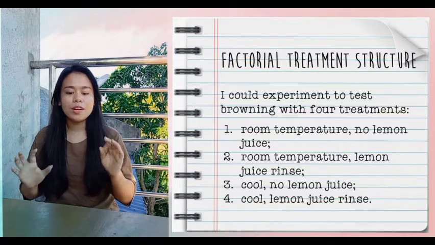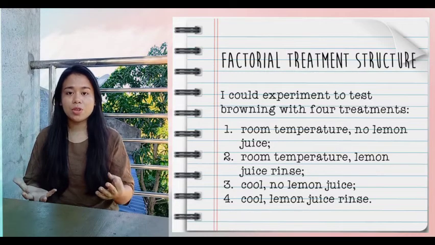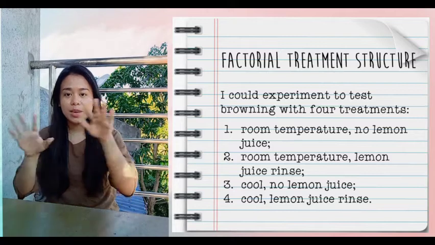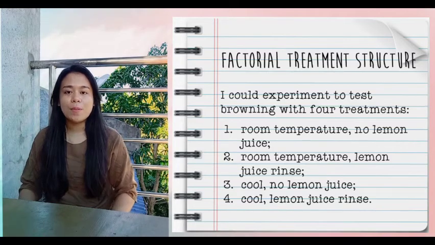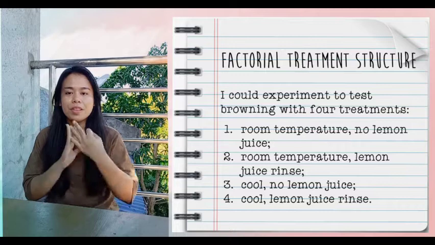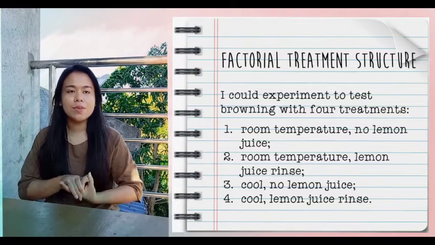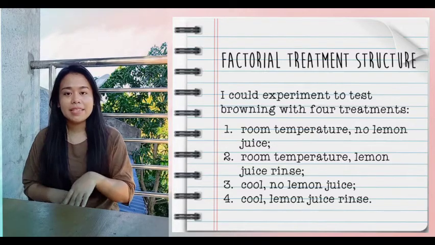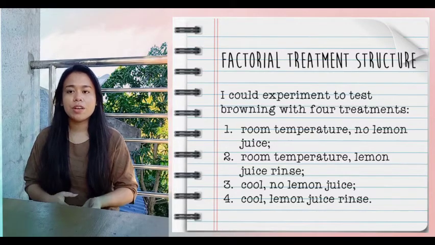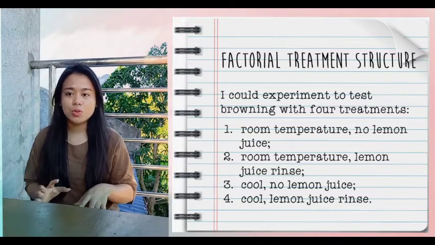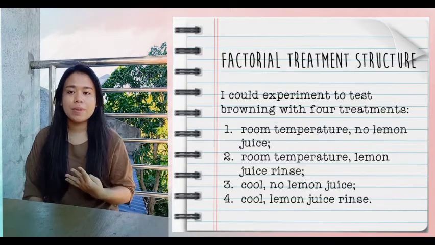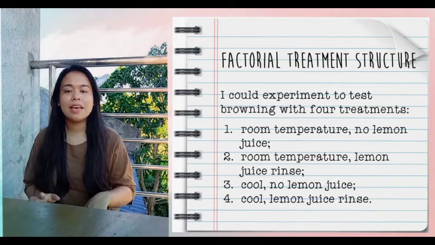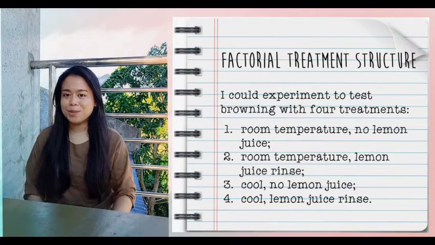Ibutang nako ang apple slice sa room temperature, while gibutangan pud nako siya og lemon juice. Then, third treatment, ibutang nako ang apple sa cool nga place, either sa refrigerator, pero walay lemon juice. And fourth treatment is, ibutang nako ang apple sa cool gihapon nga place, pero may lemon juice.